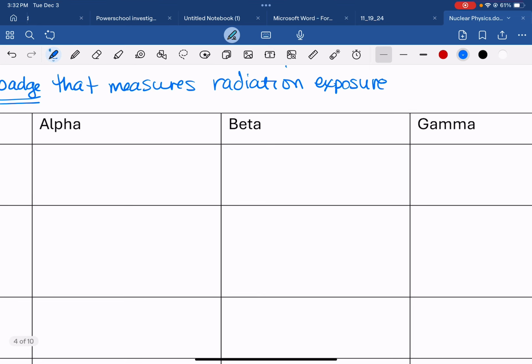So this is a lowercase alpha, and beta is this with a tail on the end. Notice too that when we talk about beta radiation, there's beta negative and there's beta positive. We'll talk about those in a minute. And then we have gamma radiation.